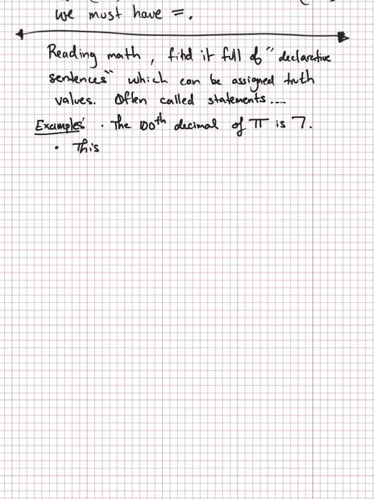One that's a little trickier is: this sentence is false. So we have to be careful. Anytime that you write a statement or a sentence, you're probably going to incorporate some amount of the English language into the mathematics.